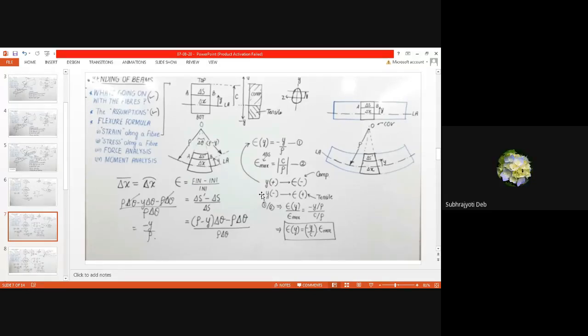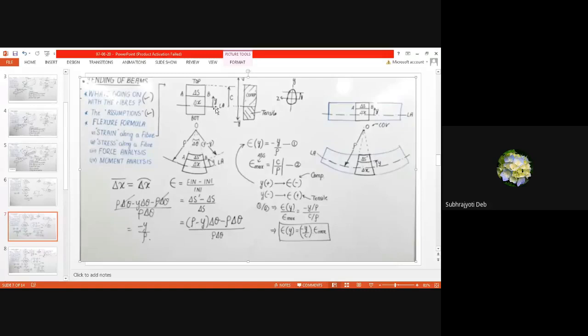Yes, sir. I am saying, see, y does not depend on the neutral axis in the sense that above the neutral axis it becomes positive and below it becomes negative. Just consider this picture. This is your neutral axis, your longitudinal axis. You'll see this is also our neutral axis. So we have taken this fiber at a distance y from the neutral axis in the upward direction.